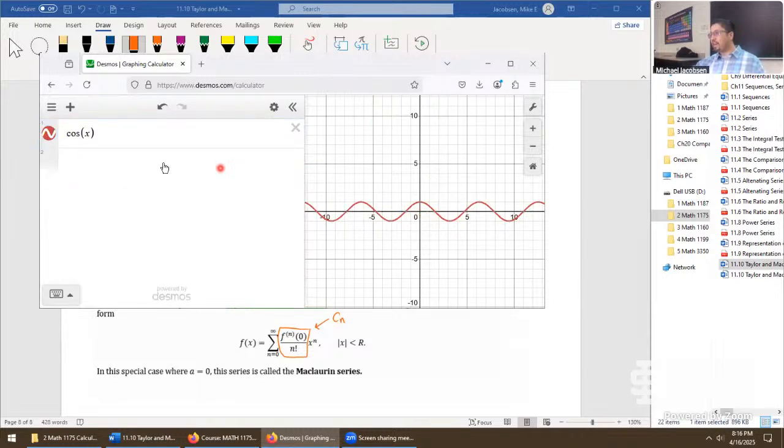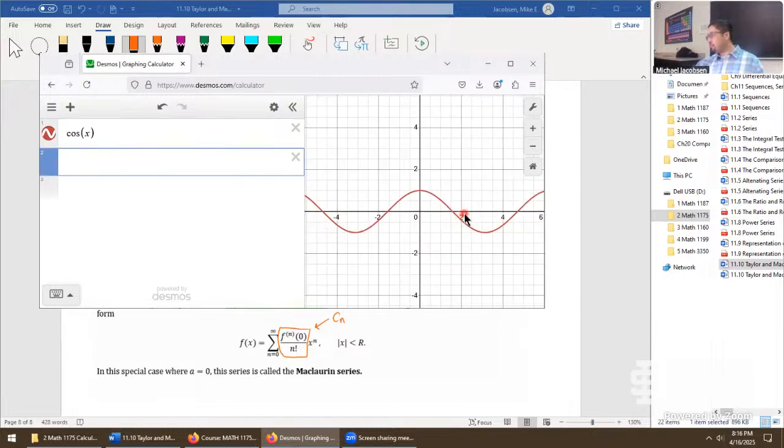We want to do cosine right around the value pi, roughly right around here. If we want values of, say, cosine 3, then getting a good approximation of cosine 3 is tough if we centered our expression at 0 with the Maclaurin series.